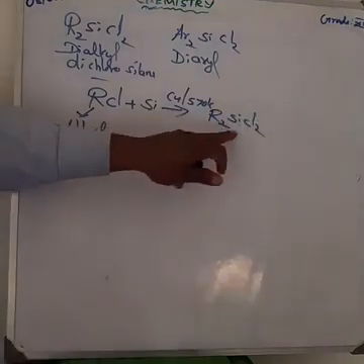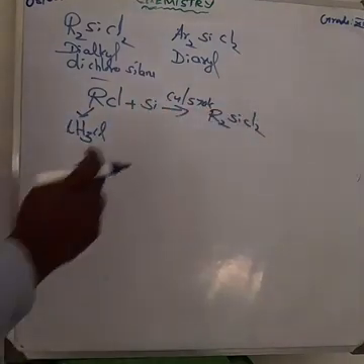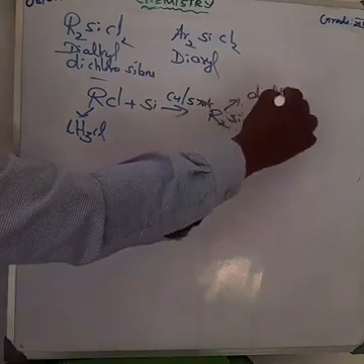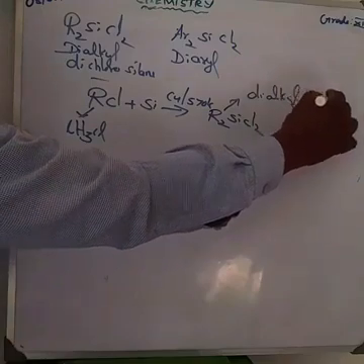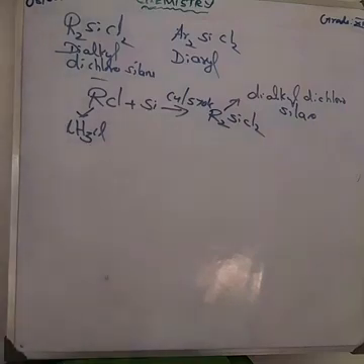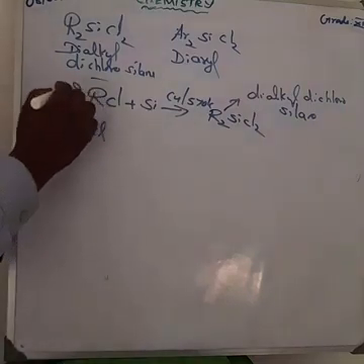R2SiCl2, which is dialkyl dichlorosilane. The product has 2 R, so the reactants must also be balanced with 2 R.